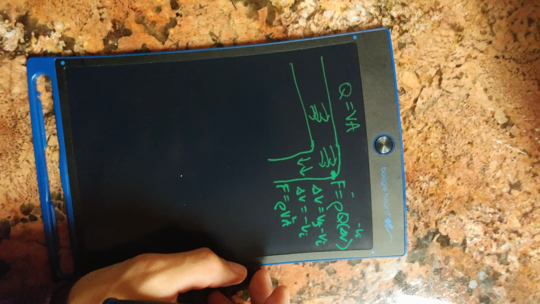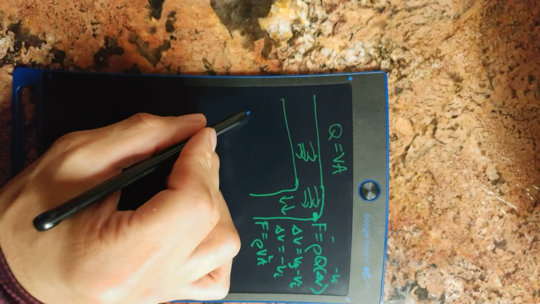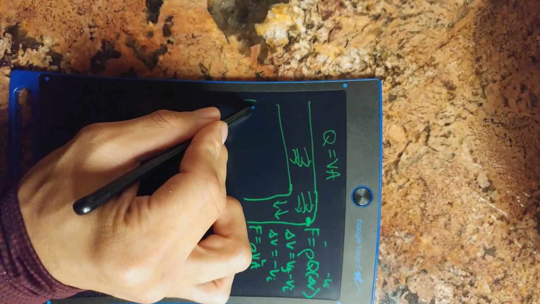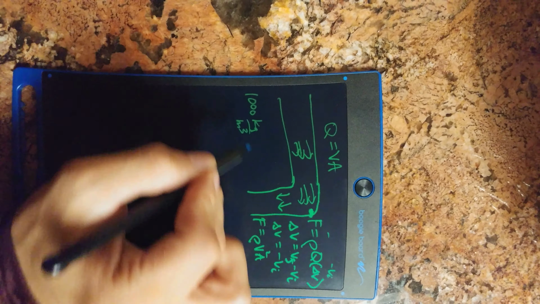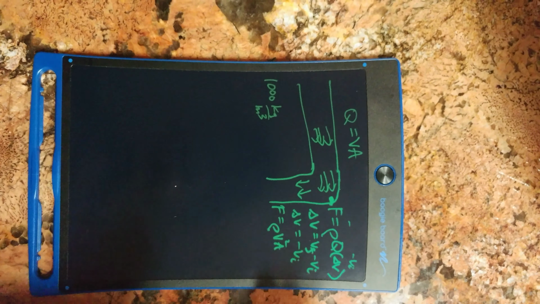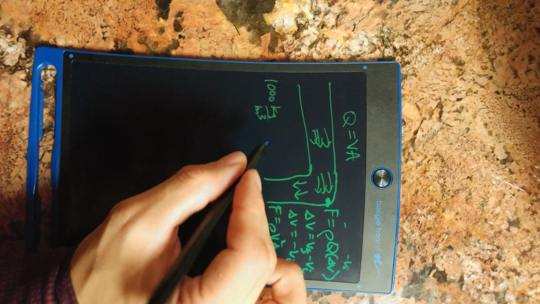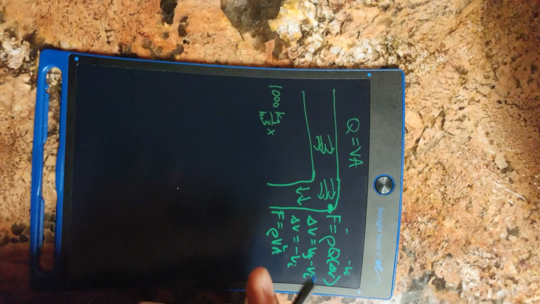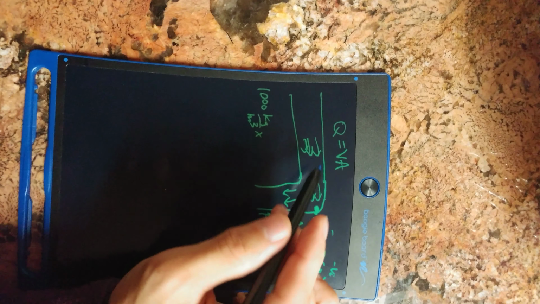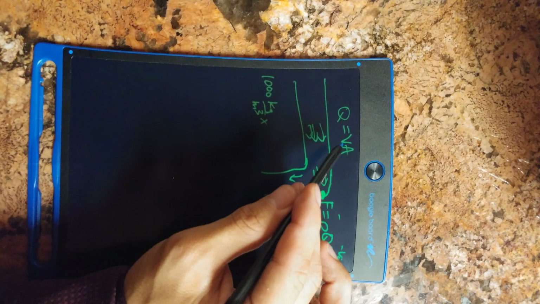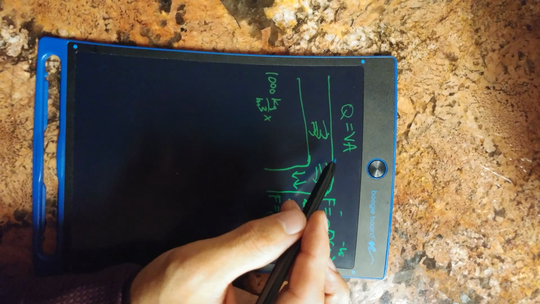Let's do this in SI units. So we have 1,000 kilograms per meter cubed, the density of water. The density of water changes with temperature. We're just going to say it's 1,000 times the flow. We're just going to say that the velocity is 1 meter per second and the area is 1 square meter.